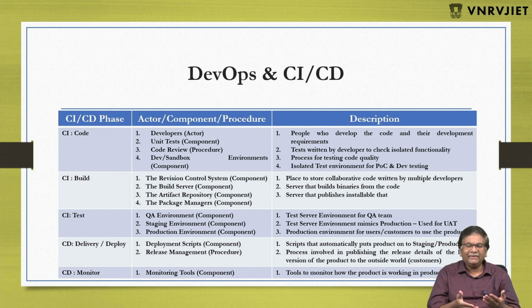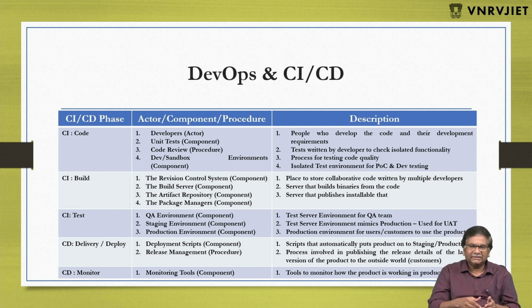Now, the build phase, which is also part of CI, continuous integration. The revision control system is the place to store collaborative code written by multiple developers. The build server component produces binaries for the code. The artifact server is the server that publishes the installers. Package managers don't have any separate thing, but they make sure that whatever is required for a build to happen, they will provide it.